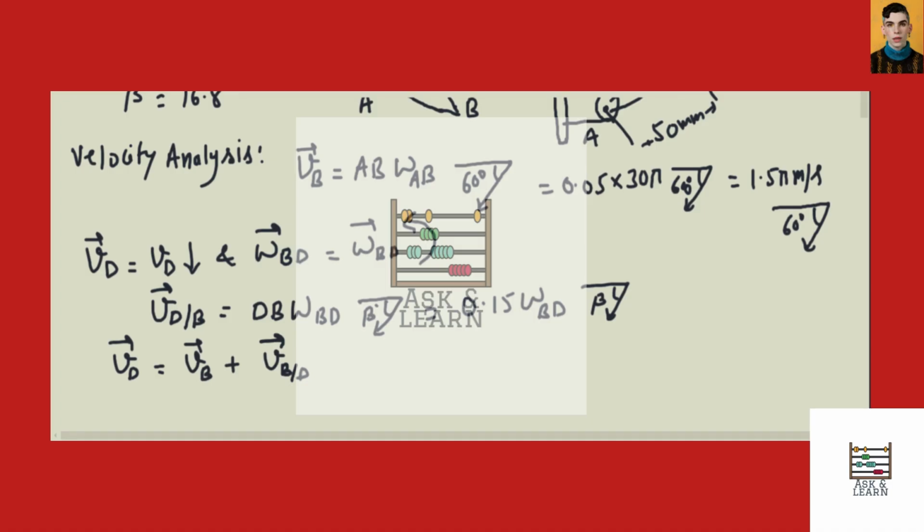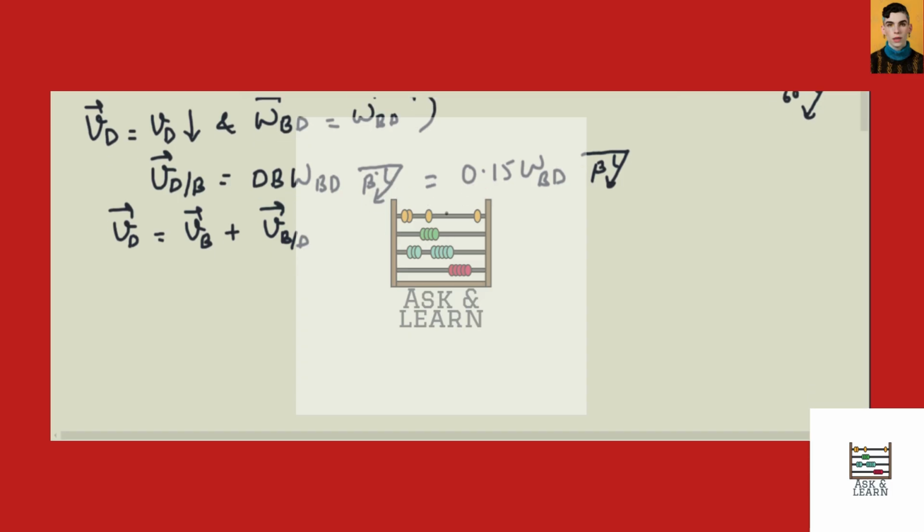Now substitute the value. Velocity of D is given downward.